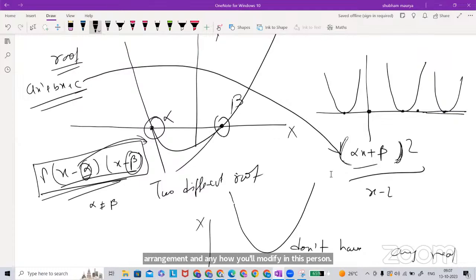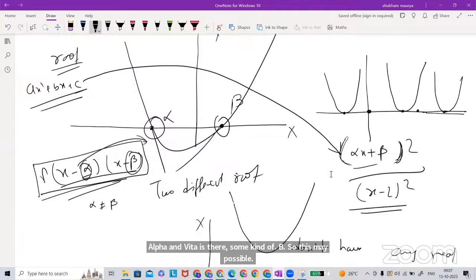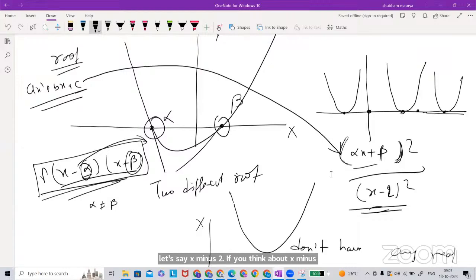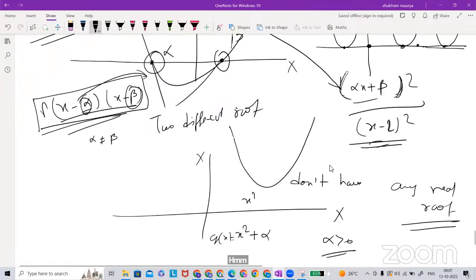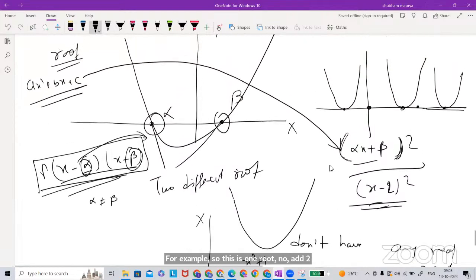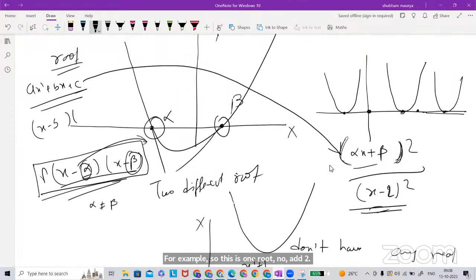Let's say x minus 2: if you think about (x minus 2) whole square, for example, this has one root, 2. And here you can think x square plus 1, which doesn't have any root. And here you can assume (x minus 5)(x minus 3), which is also a quadratic with 2 different roots.